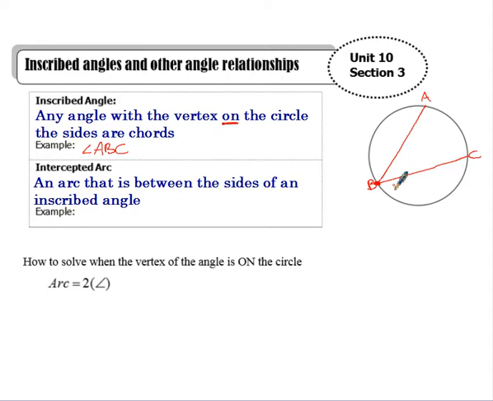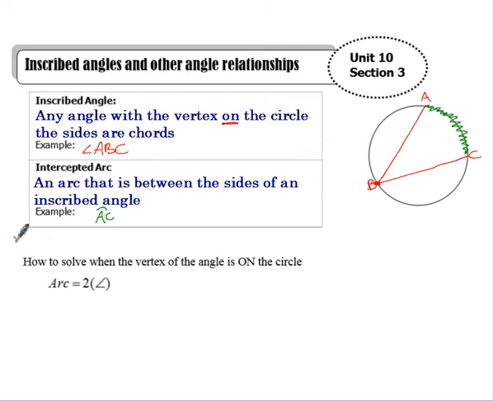An intercepted arc is the arc that is between the sides of an inscribed angle. If this is my angle, the way I've described it in the past is to pretend this is the cone. Where do I put the ice cream? The ice cream goes right here, inside the cone. That is my intercepted arc, so arc AC is an example of an intercepted arc.